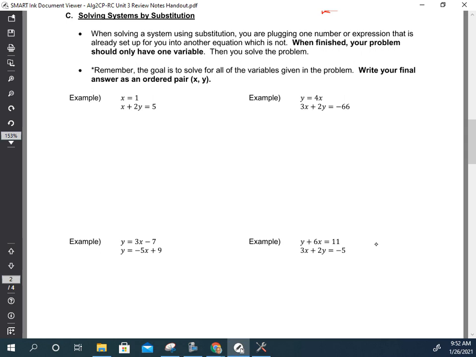In math, when you solve the system by substitution, you're taking a number or an expression and plugging it into another equation. You're taking something that's already set up for you and you're solving it.